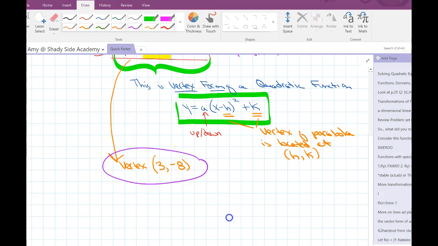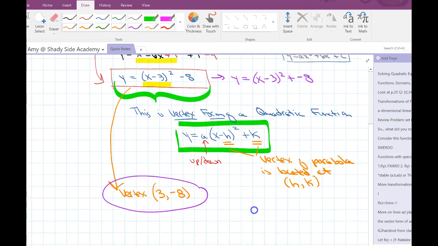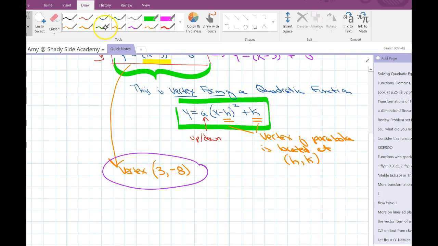There's yet another form of writing a quadratic function that your text uses. And I have to say, I've actually never seen it called this. Your text calls a form of writing a quadratic function x-intercept form.